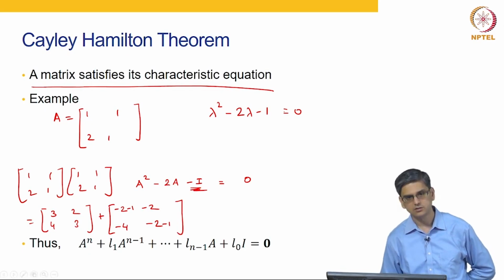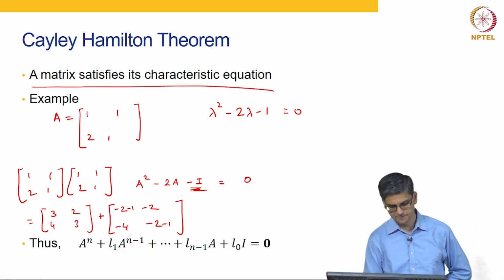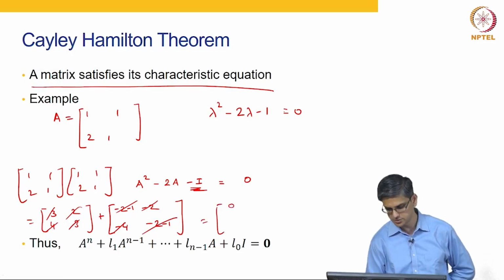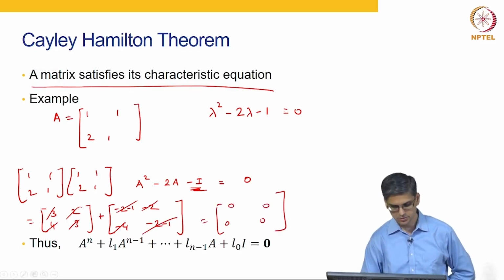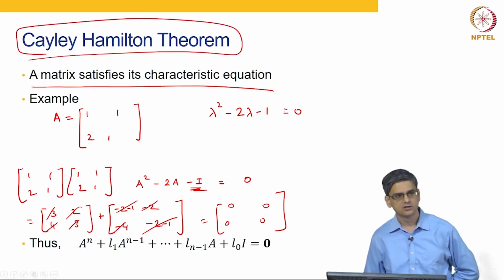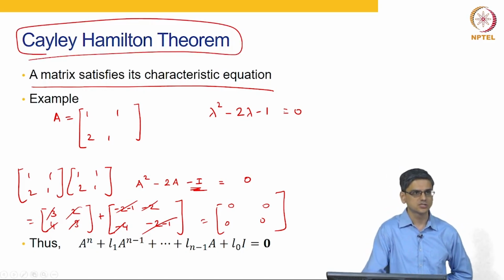This comes from this guy, right. So, this and this gets cancelled, this and this gets cancelled, this and this gets cancelled, this and this gets cancelled. So, you will get 0 0 0 0. Okay. Quite an important theorem. You are not likely to use it too much, but this is also an important theorem.